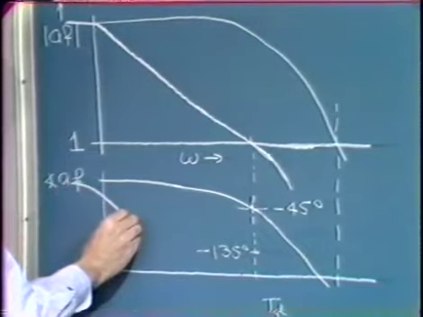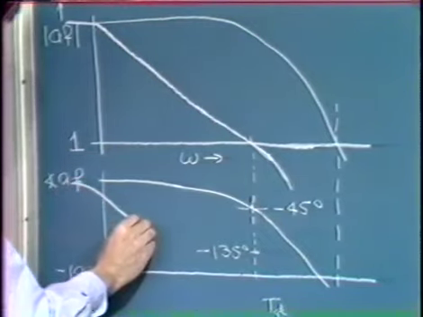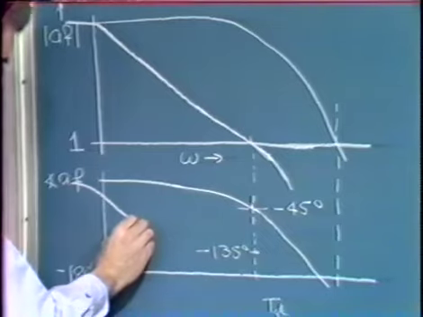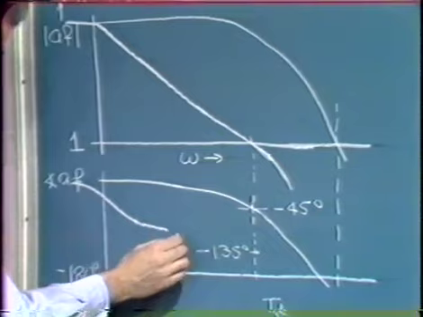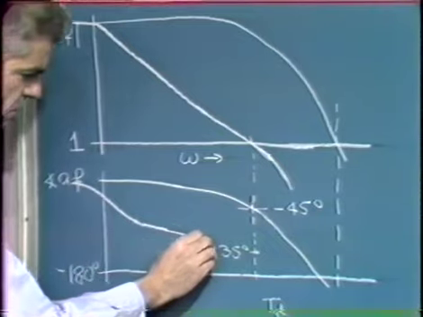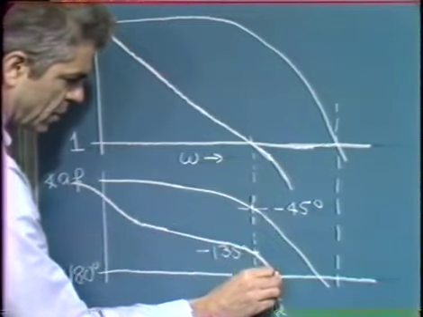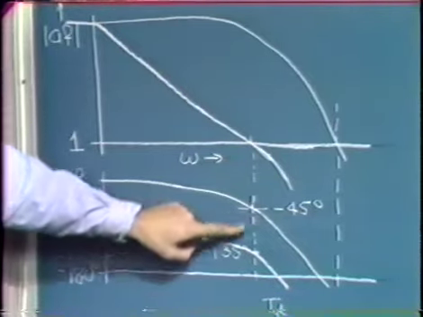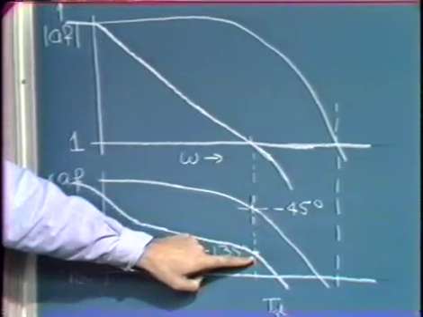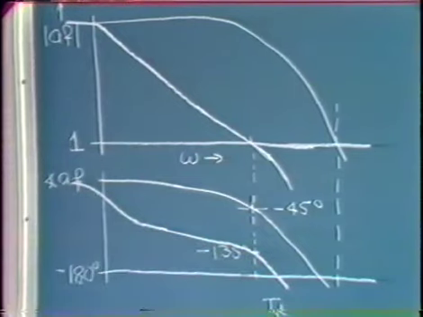Here we've acquired our additional 90 degrees of phase shift, and we now continue parallel to the original angle curve, but displaced by minus 90 degrees. So our new angle curve might look something like that. And now we've in fact accomplished our objective of achieving 45 degrees of phase margin for the compensated system.